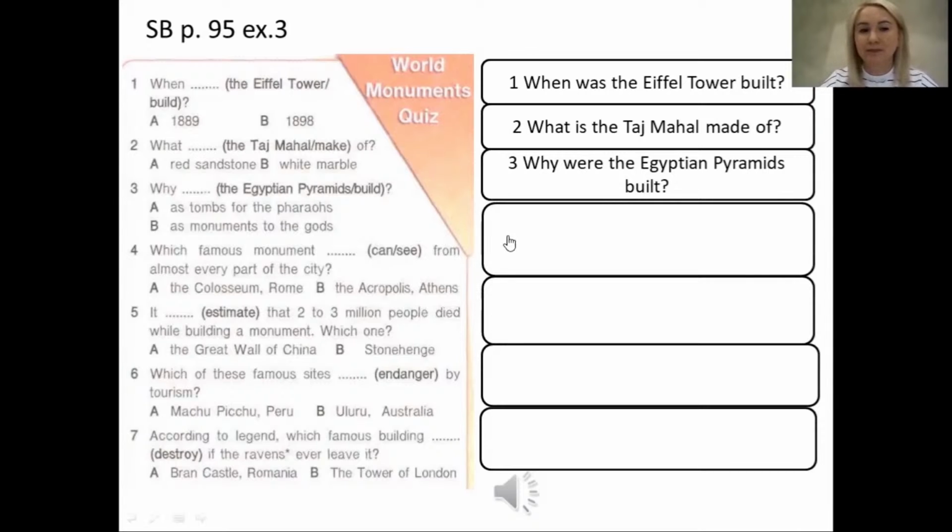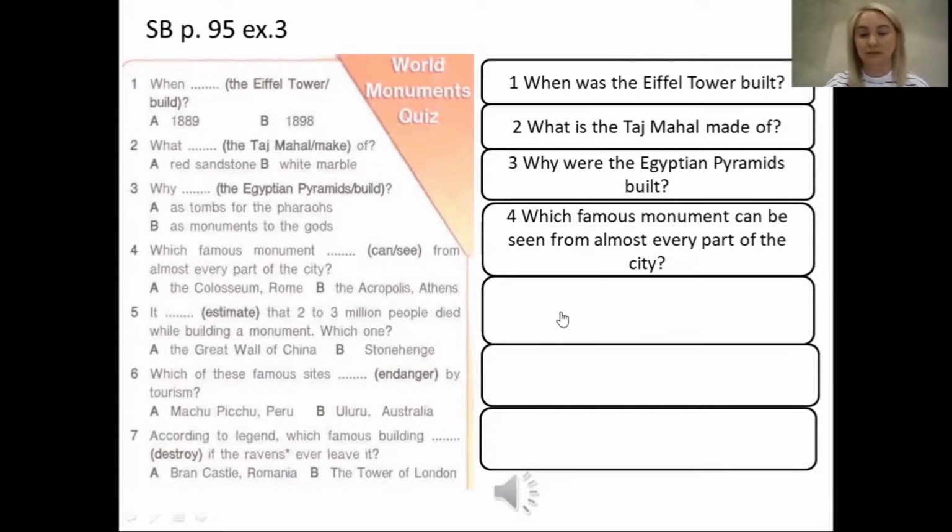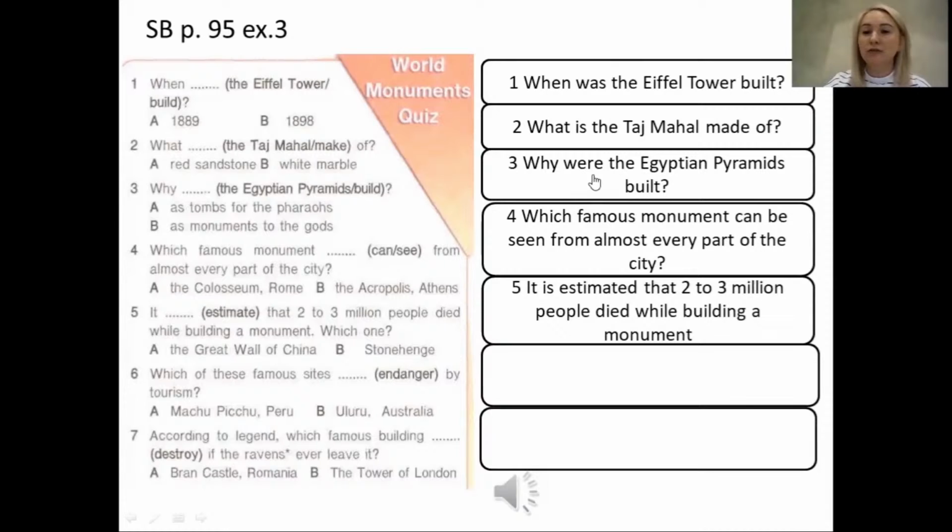Okay. The fourth one. Which famous monument can be seen from almost every part of the city? The next one. It is estimated that 2 to 3 million people died while building a monument.